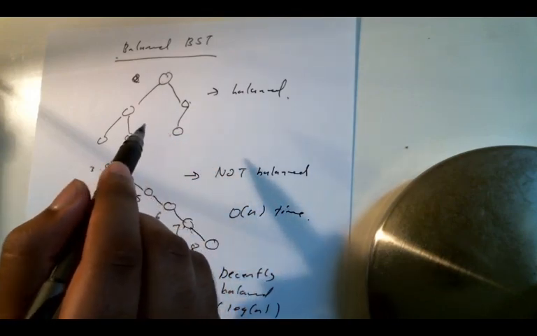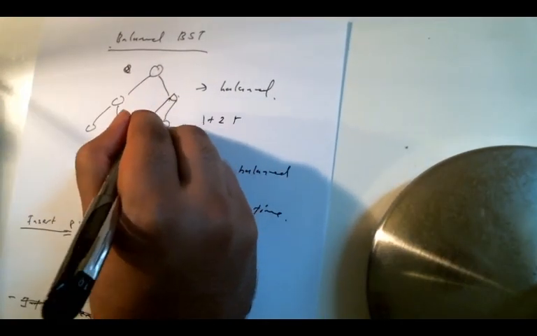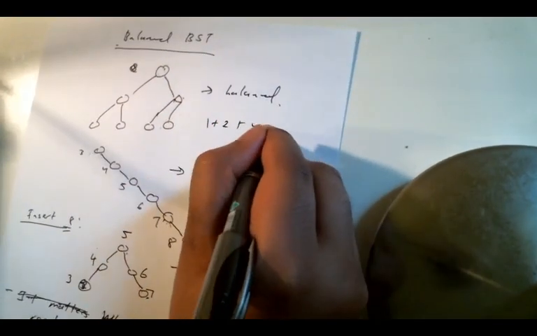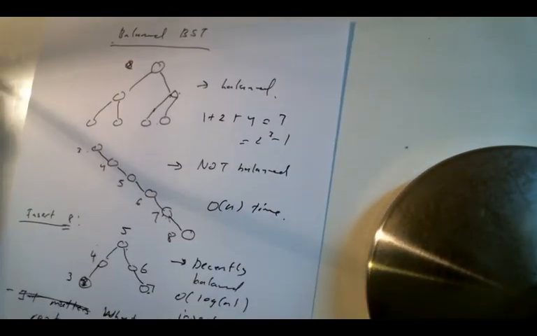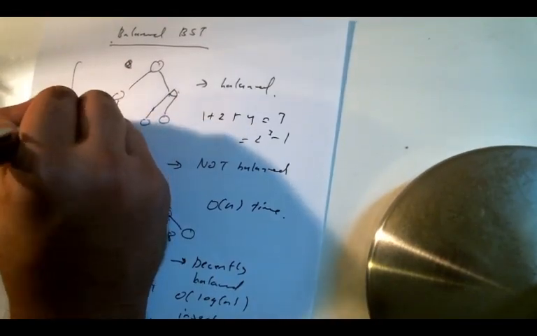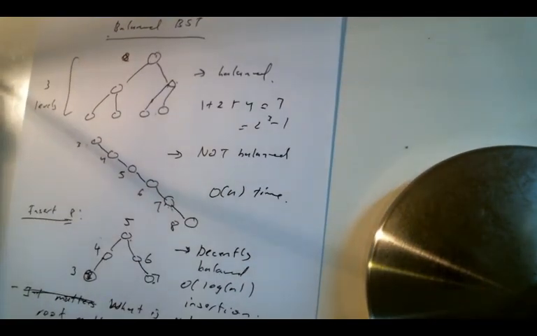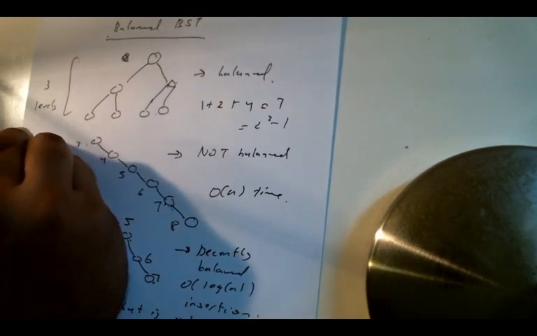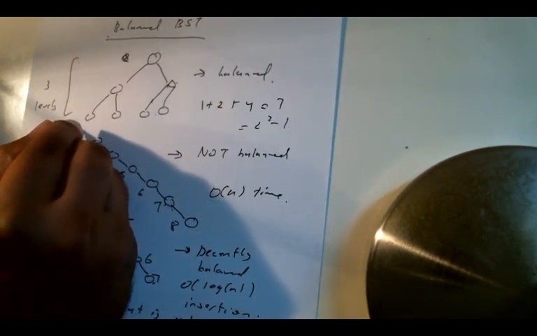So 1 plus 2 plus 4 equals 7, which is 2 to the 3 minus 1 nodes in the entire tree, but there are only 3 levels, which is log base 2 of nodes plus 1, okay?